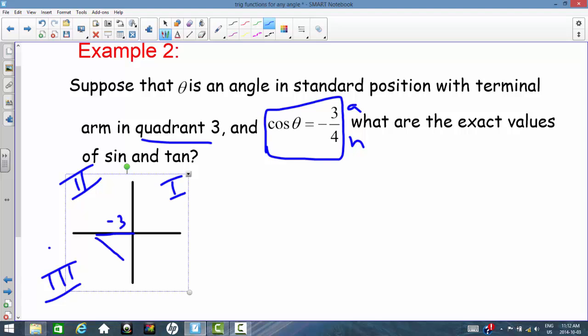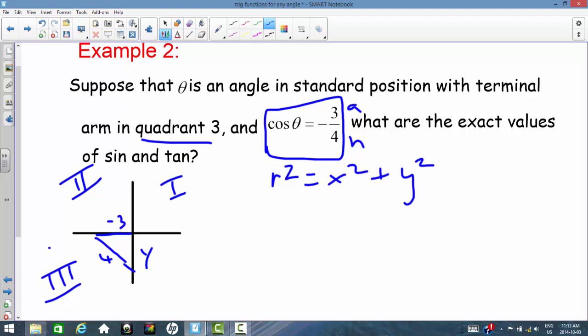And the hypotenuse is going to be 4, but we don't know this value here. So we have to find that. We have to find the y value. Okay, so we'll just write that in as y. So we need to find it. Again, we use our Pythagorean theorem. r squared equals x squared plus y squared. We're trying to find y now, so we have to rearrange the formula at the end.